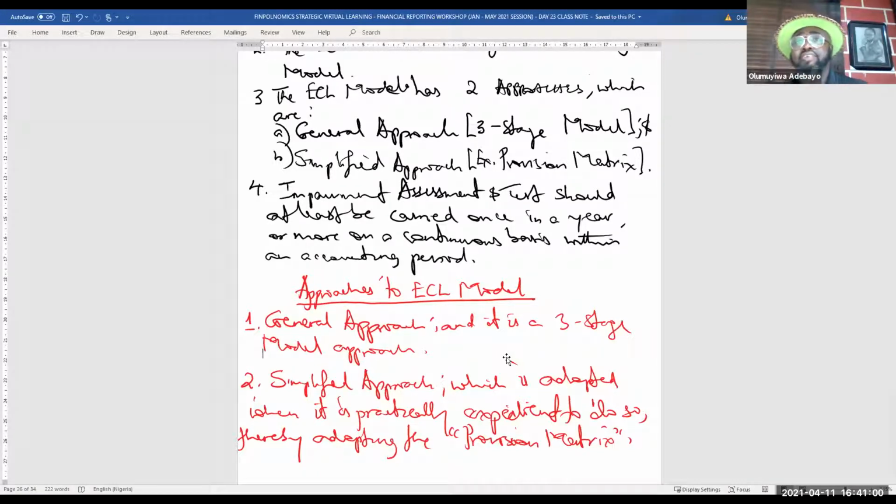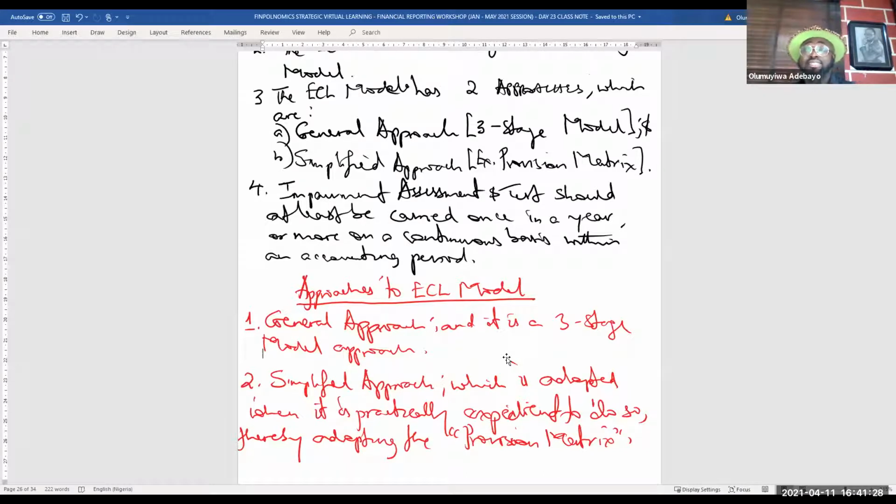The standard identified that your model should be a reflection of your level of sophistication, such that you only make use of reasonable and supportable information that is not onerous to your operation, which means such information should be information you can easily access, not one whose cost outweighs the benefit.